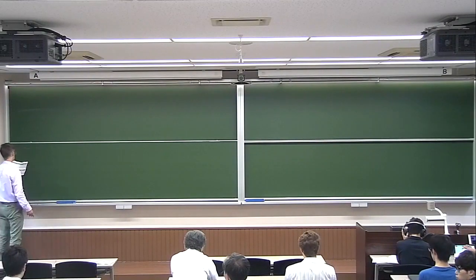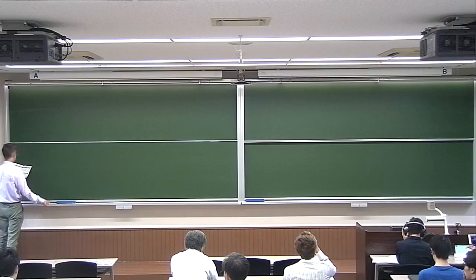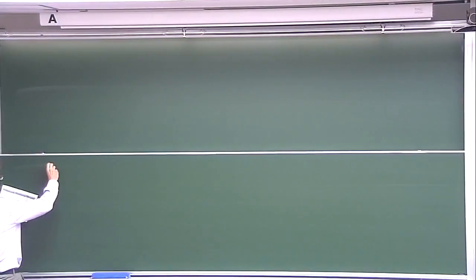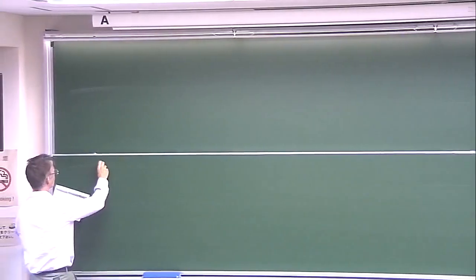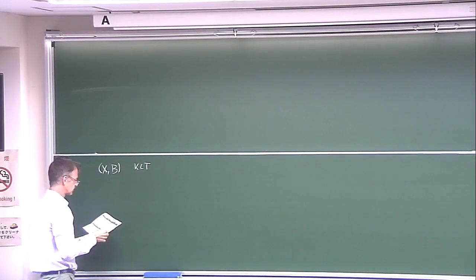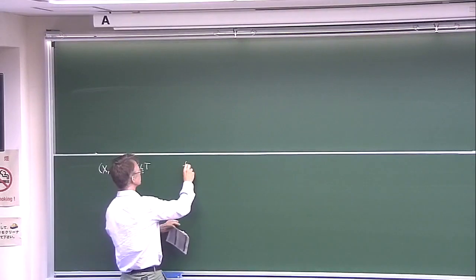So today I want to get back to talking about flips and hopefully start the proof of the theorem on the existence of flips. So let's remind ourselves what a flip is. We're thinking of a Kawamata log terminal pair and a flipping contraction. So what's a flipping contraction?